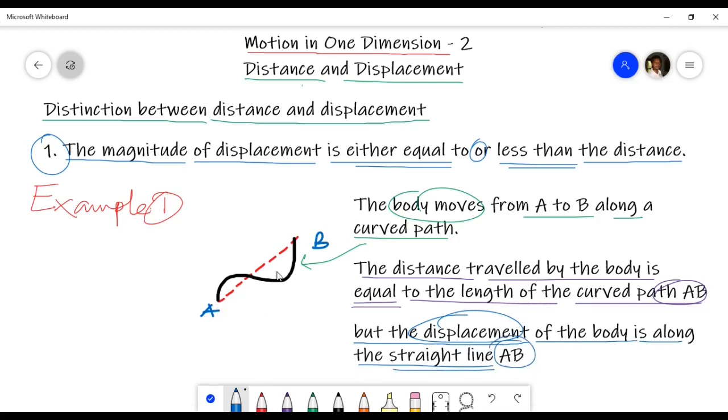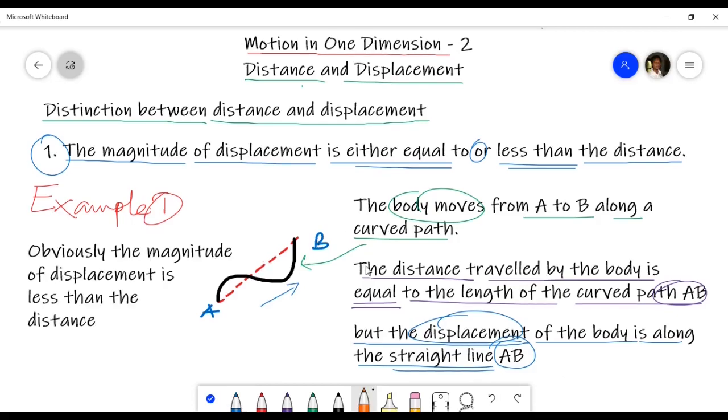The displacement of the body is along the straight line AB. So by this we understand that magnitude of displacement is either equal to or less than the distance, and in this case the magnitude of displacement is less than the distance. I hope you have understood this.